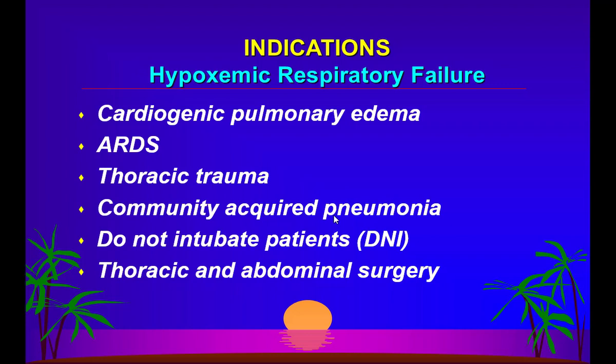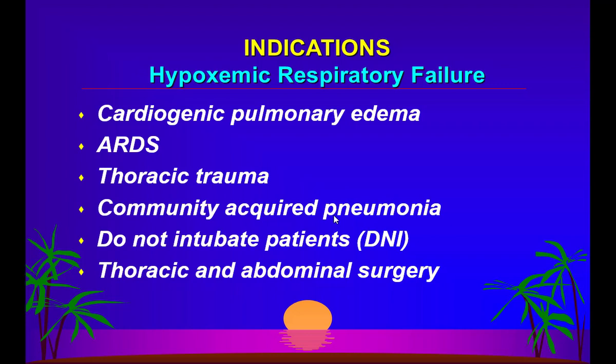Coming to the indications in hypoxemic respiratory failure, cardiogenic pulmonary edema is a very strong indication, because it's a disease which quickly reverses. You give the decongestant therapy, and in 2 or 3 days time they're fine. So there it has really been found to be very, very useful. In ARDS patients, as I said, in early stage 1 ARDS, you can use it, but with caution, that the PF ratio is between 200-300.